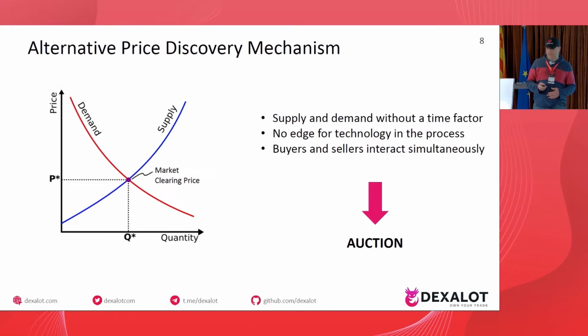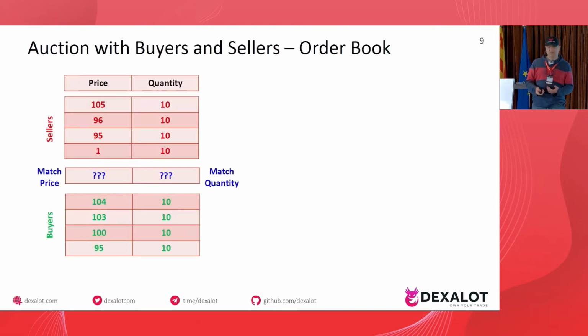And it lends itself to more or less an auction type of environment where buyers and sellers enter the action at the same time. So when you look at it from an exchange perspective, it's an order book. The only difference is that in this methodology, the order book is not matching, right?